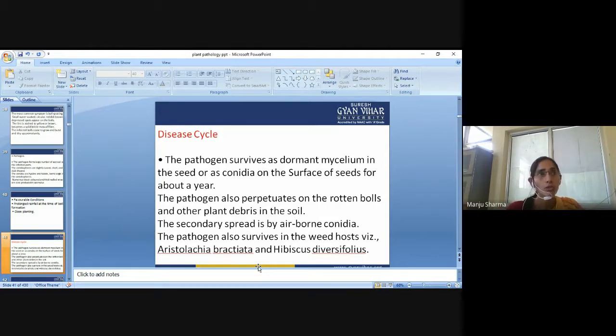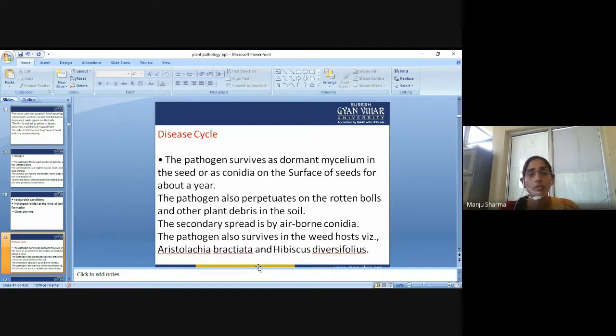That's why during management we always include field sanitation. If crop debris is not there, then in the off season of the main crop the pathogen will be lost after some time because of the lack of nutrients.